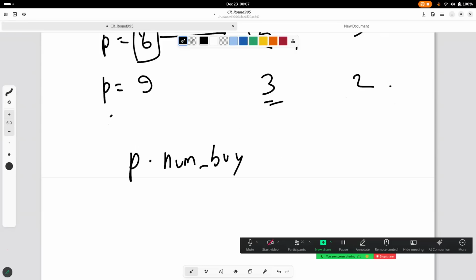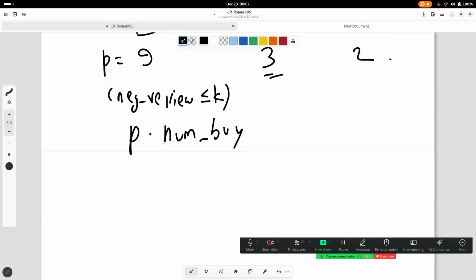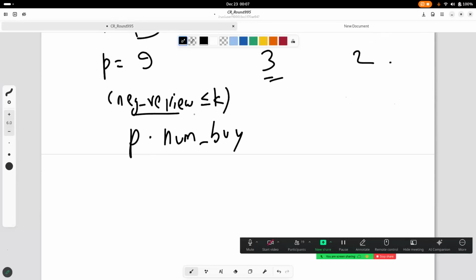given that your negative reviews are less than or equal to K. If it's greater than K, then it's kind of 0 or -1, but you don't have to consider that case. If neg reviews is less than or equal to K, then P times num buy increases as P increases.